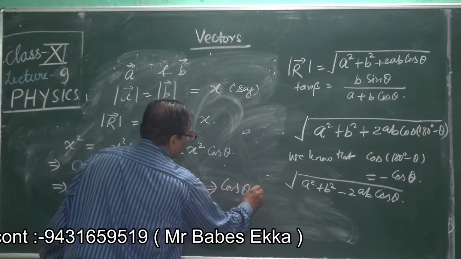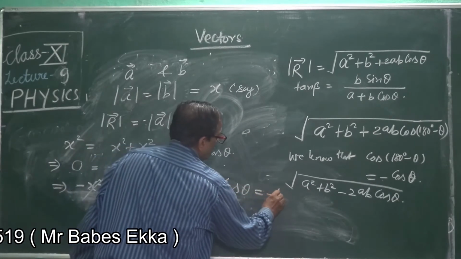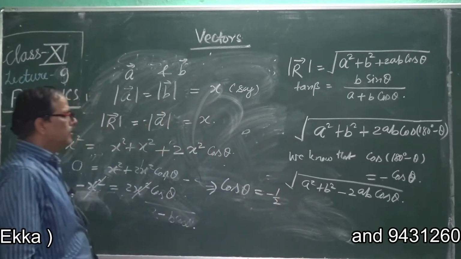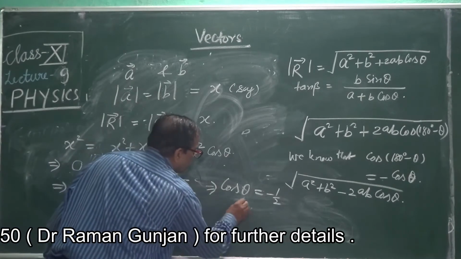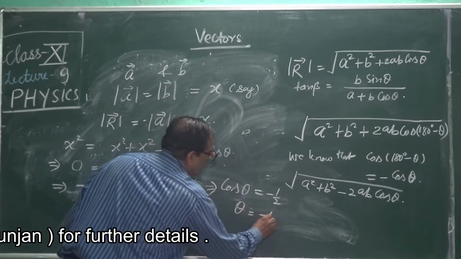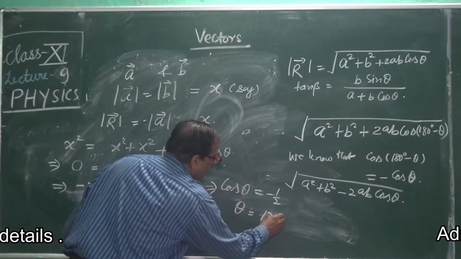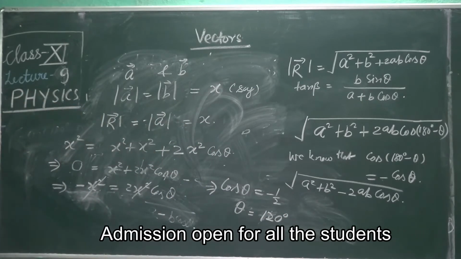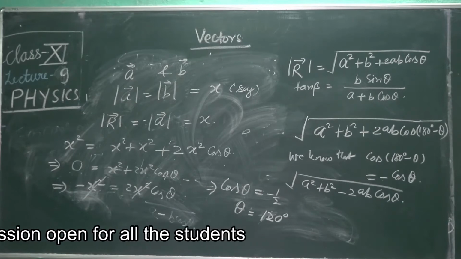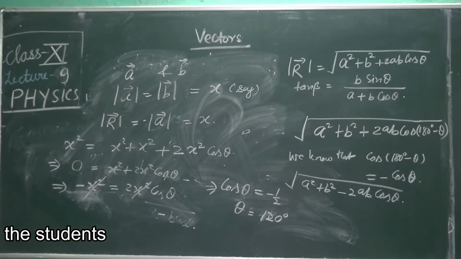Cos theta is minus half. So theta is 120 degree. If cos theta is minus half, means theta is 120 degree.